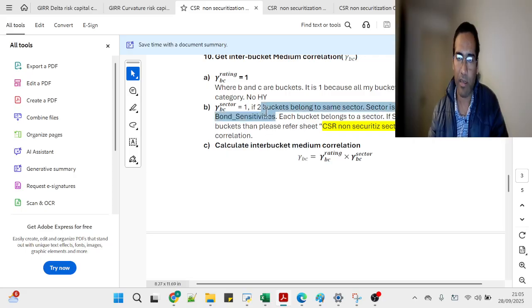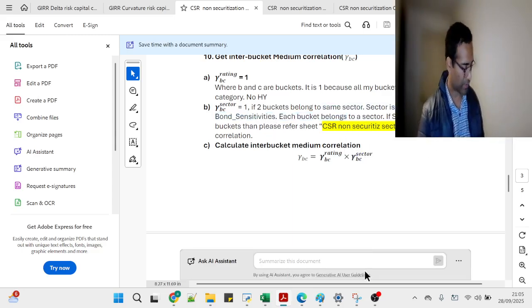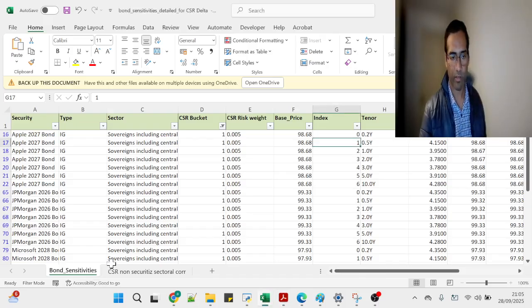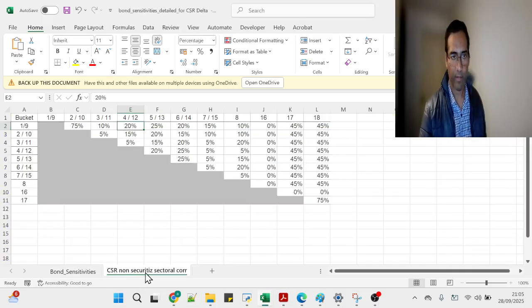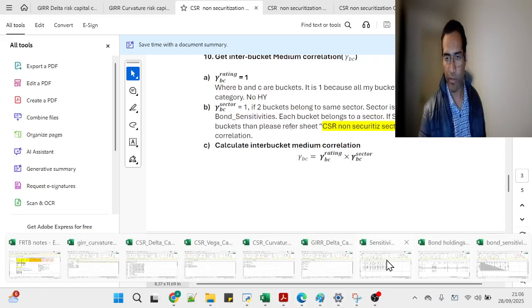If the bonds are of the same sector, the sectoral correlation also applies. Let me see sectoral correlation. Let's try to see what we have.